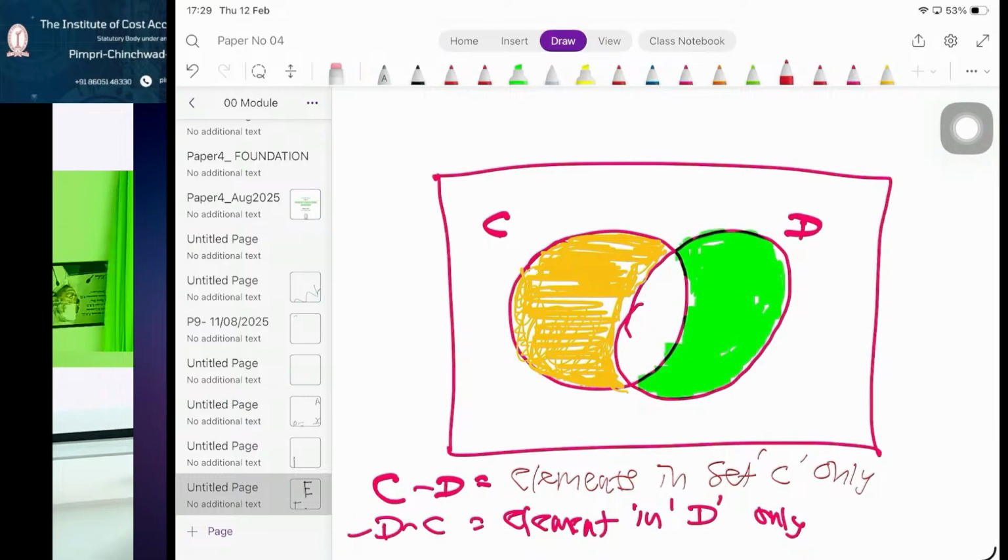So we can write here, this is your D minus C and this is your C minus D, which is in C only, not in D. This is called the pictorial representation. Differences of sets C minus D, D minus C.